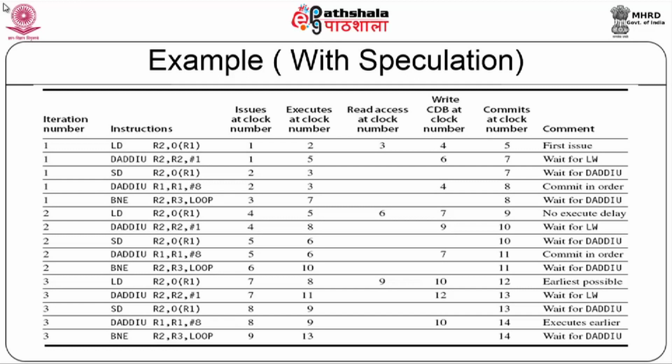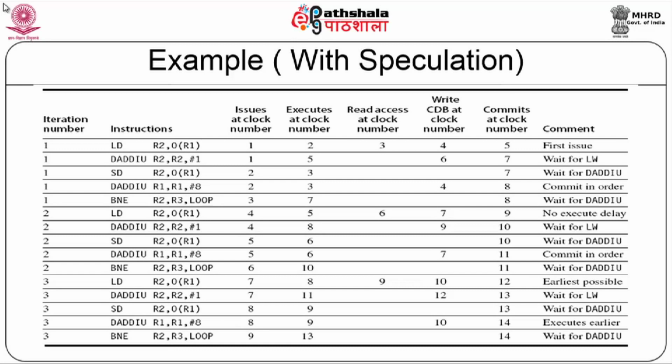If you look at the branch instruction, the branch instruction is still single issue. So, you issue the branch instruction in the 3rd clock cycle and the branch actually executes in the 7th clock cycle, that is, the condition checking happens in the 7th clock cycle, and the CDB write happens in the 8th clock cycle.